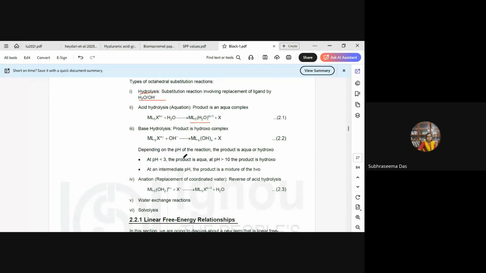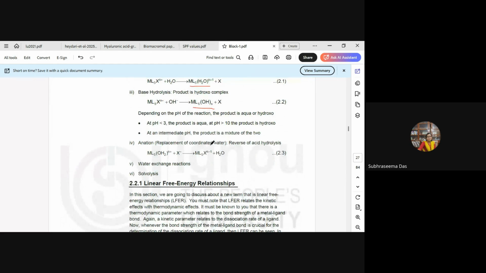Then there is base hydrolysis, which means the product is OH, that is OH has been added to the existing complex. So once OH is added it is base hydrolysis, whereas when H2O is added into the coordination sphere, it is acid hydrolysis or mostly aquation.